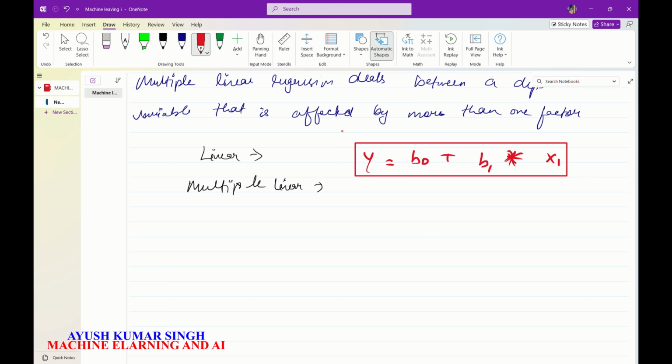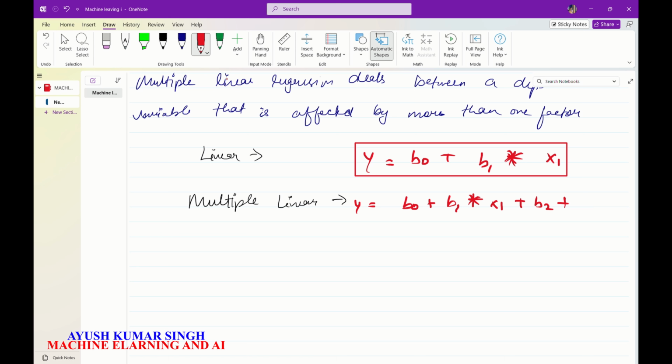The multiple linear regression equation is y is equal to b0 plus b1 multiplied by x1 plus b2 multiplied by x2, and it will continue till bn multiplied by xn.